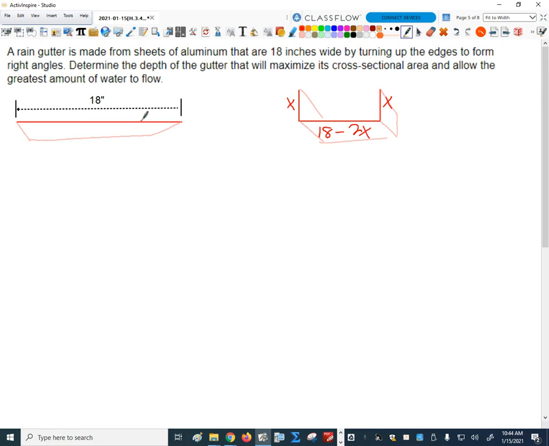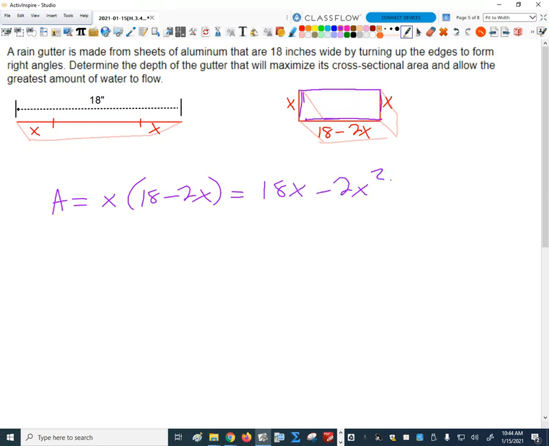Because I've bent this thing so when I bend it up, those two x's are subtracted from the total 18 length, right? And so the cross-sectional area, well, this is the cross-sectional area right here. It's just this rectangle, right? And the cross-sectional area is just going to be the height times the width. So that just gives us 18x minus 2x squared. If I write that in standard form, I've got A of x equals negative 2x squared plus 18x.